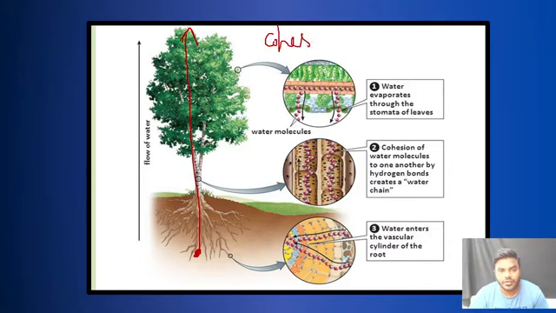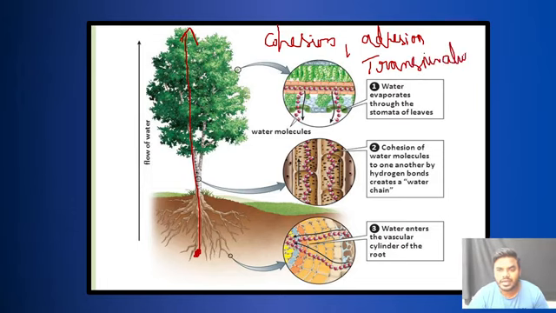With the help of cohesion and with the help of adhesion, and friends, most importantly, the force or the pressure which is generally created by the transpiration pull. Kindly don't forget this.